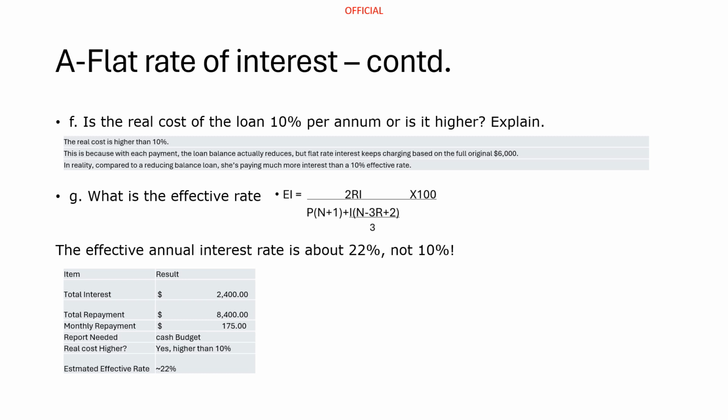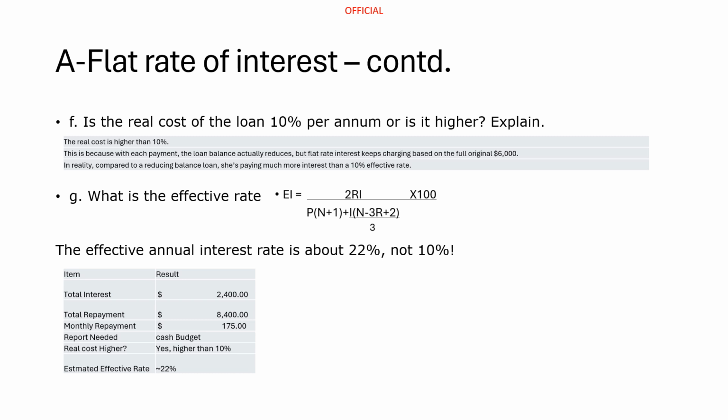So this is regarding a flat rate of interest. What is the effective rate of interest? You can apply her loan details to the formula that we talked about. So even though she's been given 10% per annum, her real borrowing cost would be 22%, not 10%.